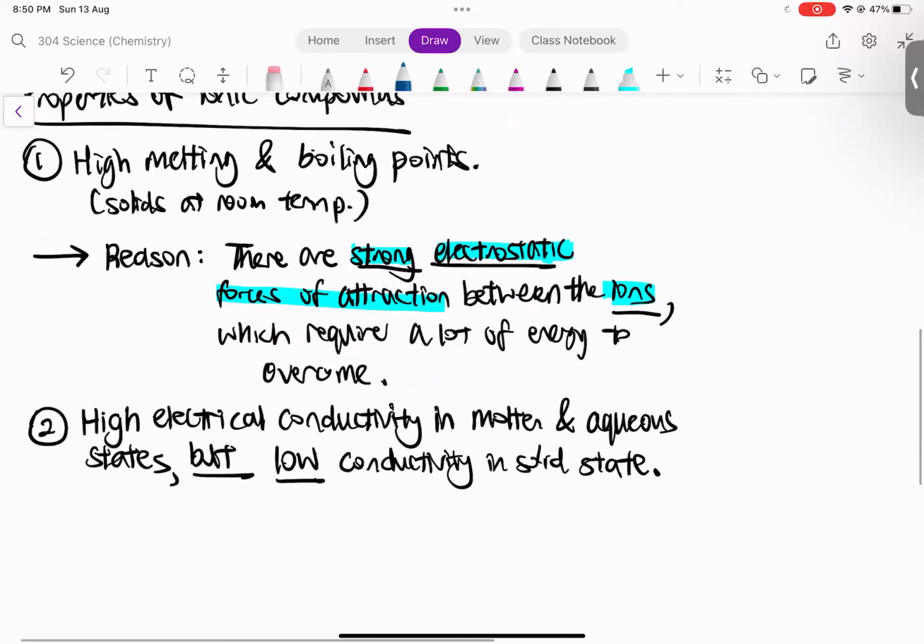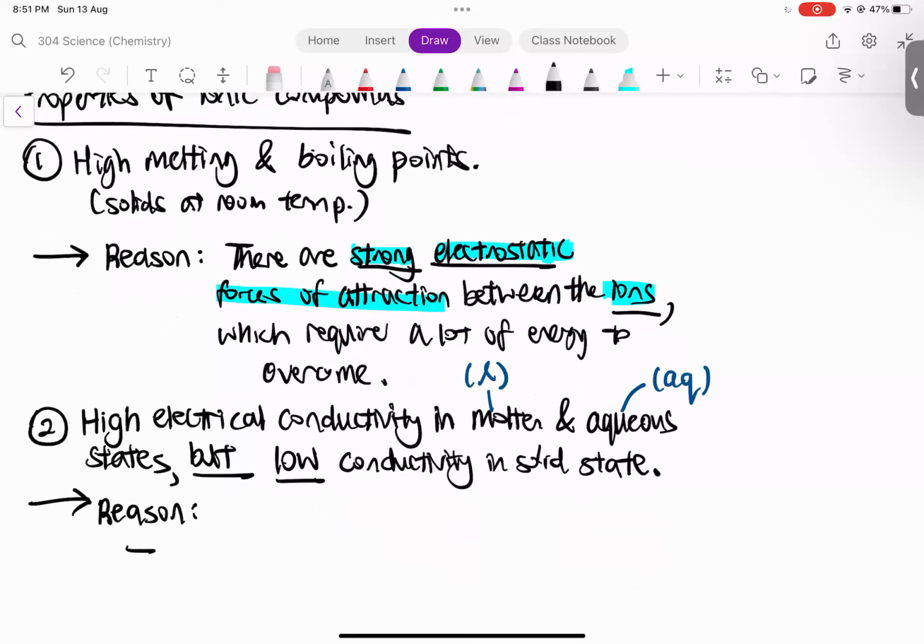So what is molten and aqueous? Aqueous easy, this one AQ, you know. We went through yesterday. AQ means dissolved in water. Molten means liquid. It means that you have melted it down. All right. So why is it that ionic compounds are so special? Solid, they don't conduct. But when it's liquid or when it's aqueous, it conducts.